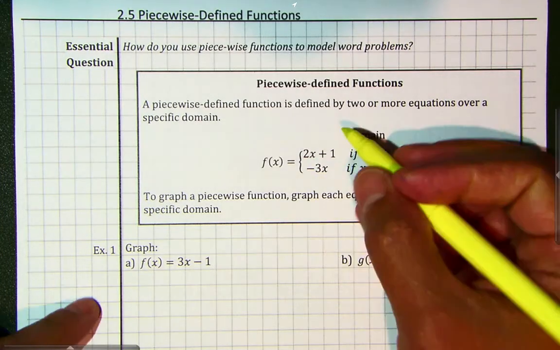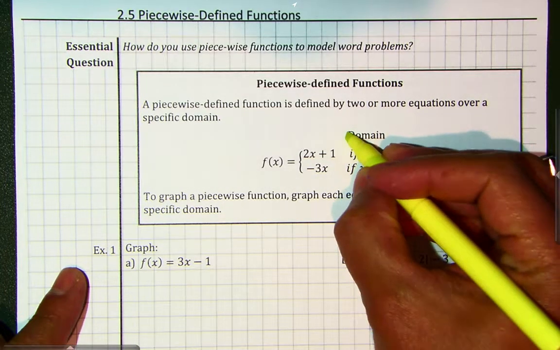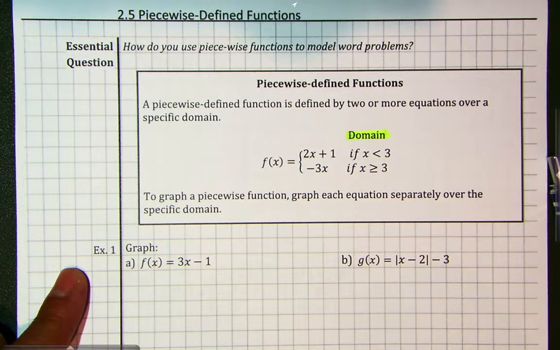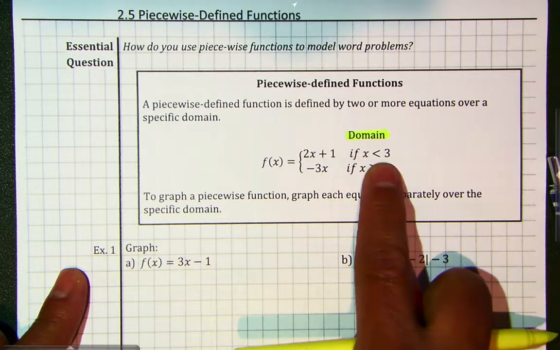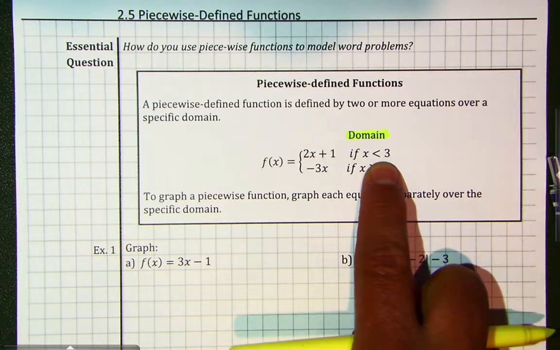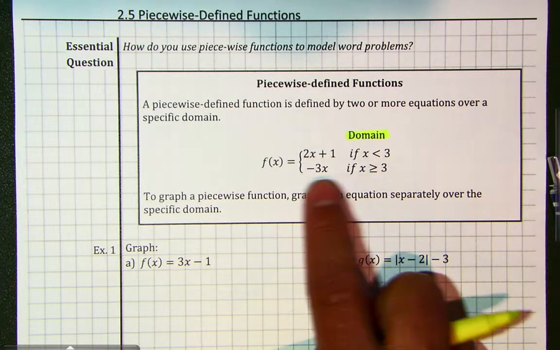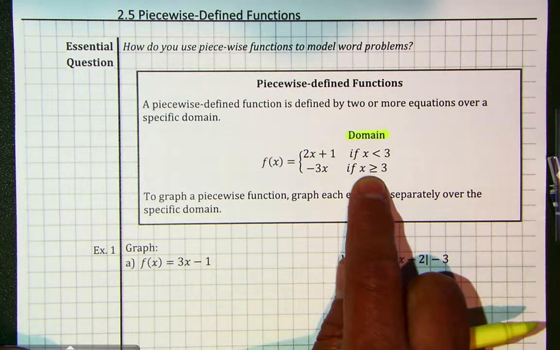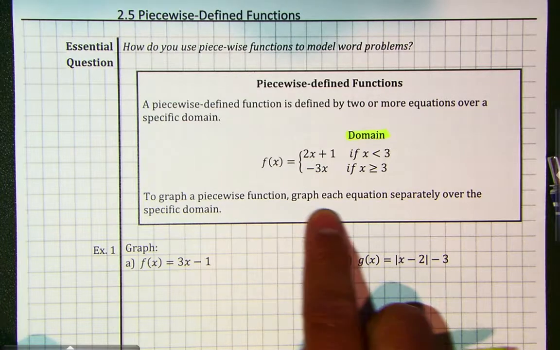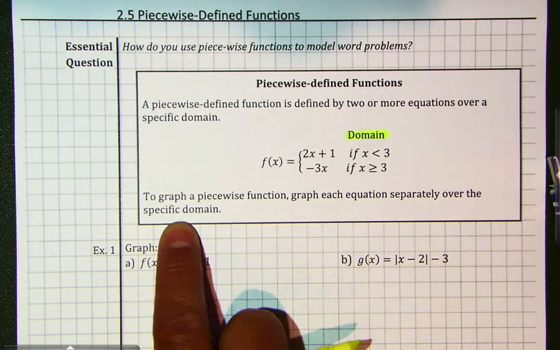You covered this piecewise function. This is your domain, so this equation applies only when x is less than 3, and this equation will apply when x is greater or equal to 3. To graph a piecewise function, graph each equation separately over the specific domain.